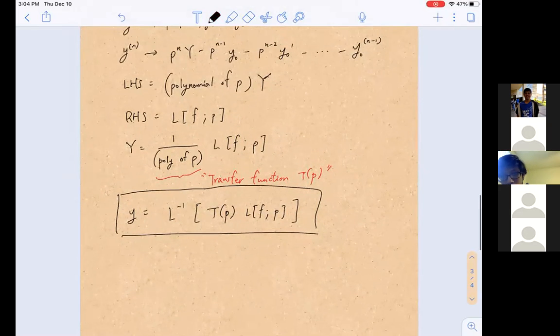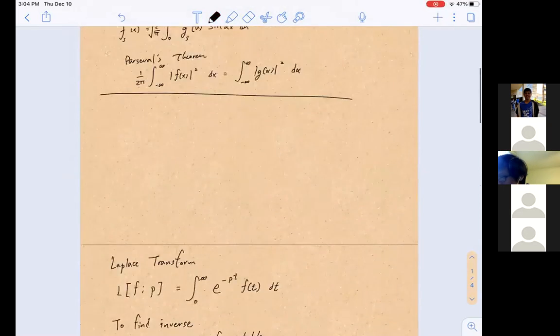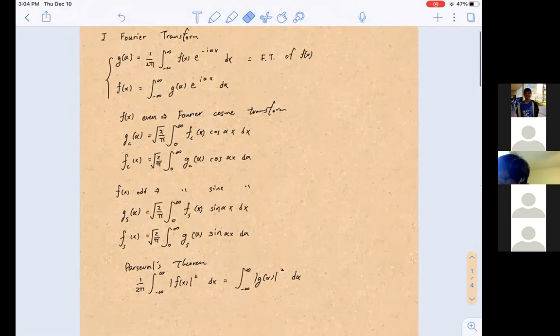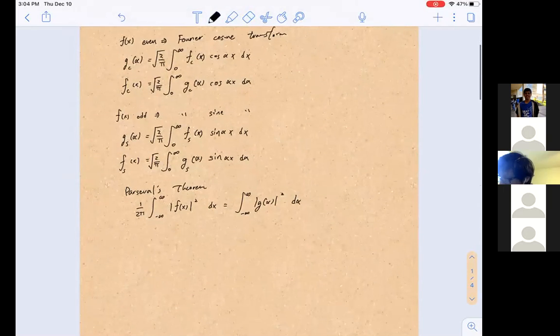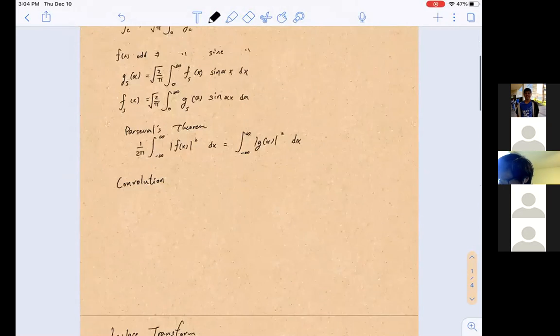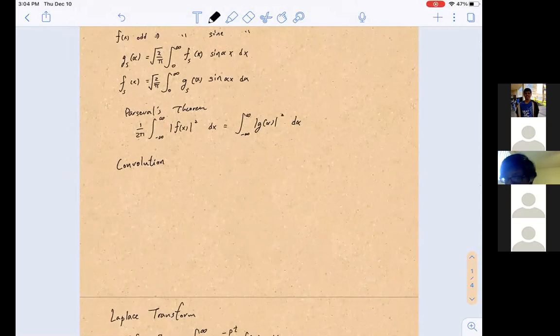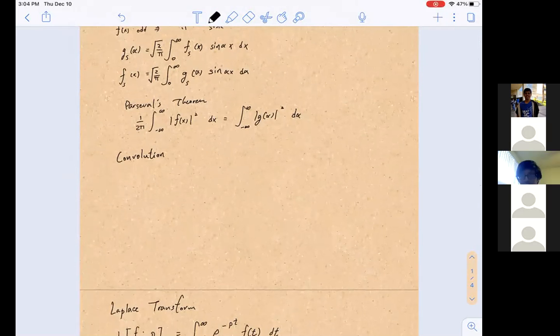Okay, since we talked about convolution, actually the Fourier transform also has convolution. It's the same convolution, but in a different context, so it might look a little bit different.